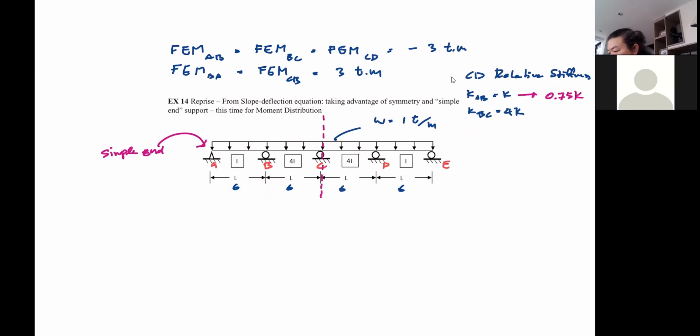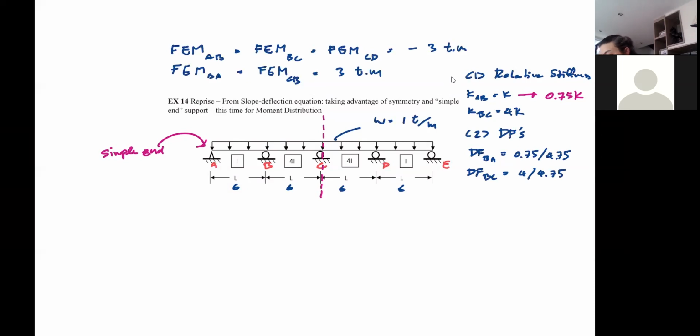The second step is the distribution factors. Now we have the distribution factor BA, that's going to be 0.75 over 4.75, and DF BC, that's going to be 4 over 4.75.